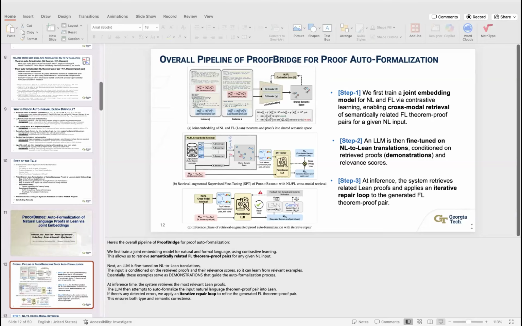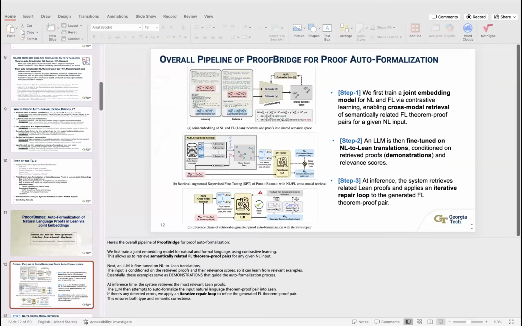So the joint embedding model, is that just an encoder? Correct. And the LLM here is a decoder model. Okay, and you mentioned pre-training. How much data was involved with the pre-training part of the joint embedding? I will talk about the data set offline.